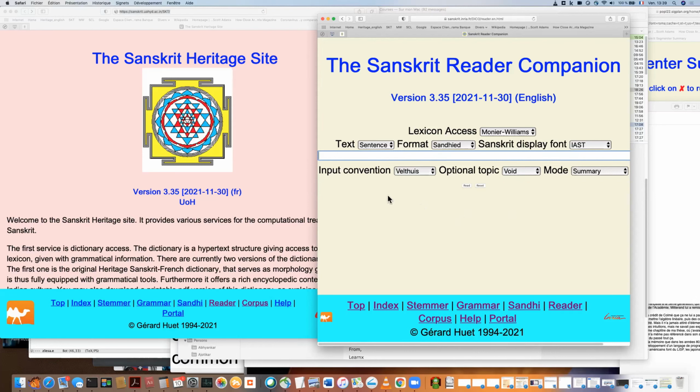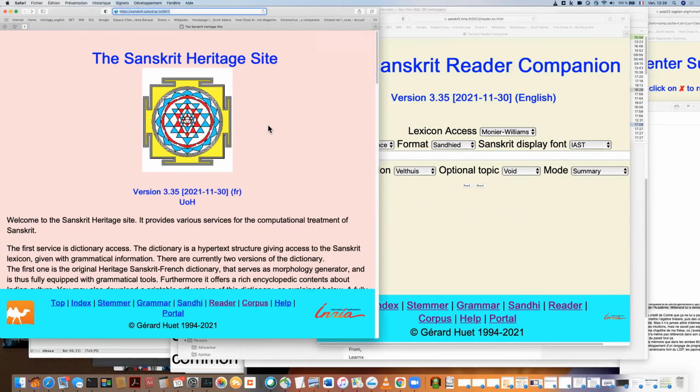Now, this is the mirror site at University of Hyderabad. See, it's sanskrit.uohyd.ac.in/Sanskrit, SKT. Okay. So, many of you were confused because they started using this site and they would get the French meaning.